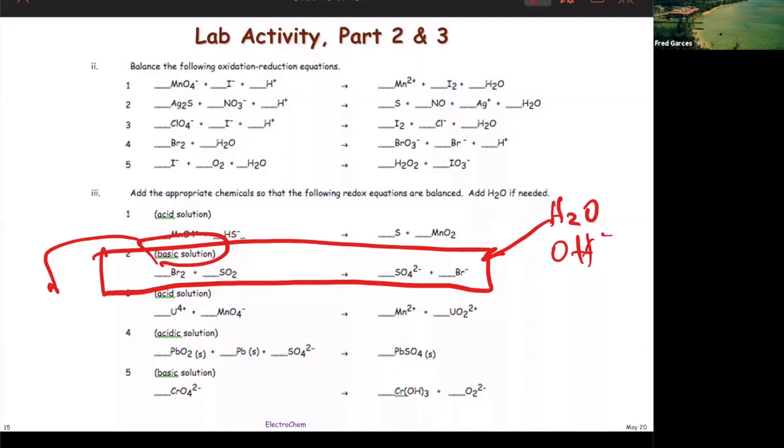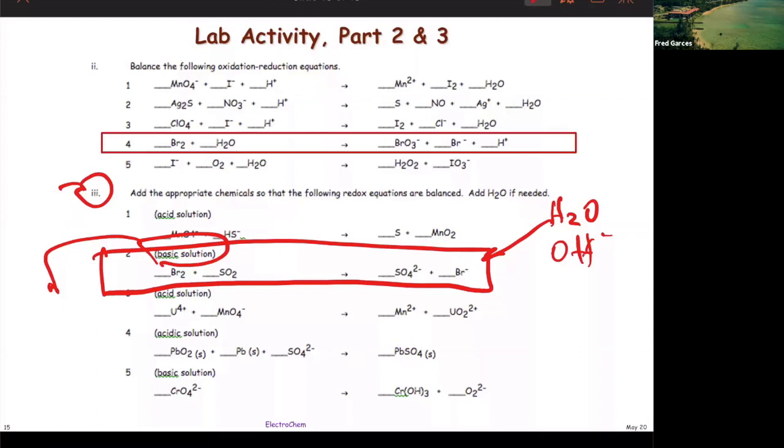The reason I wrote these equations in this form is to show you that when you balance it correctly, there will be water, hydronium, or hydroxide depending on the conditions. In fact, in the third part of this activity, I don't show any water, hydronium, or hydroxide. Again, it's because they will naturally show up.